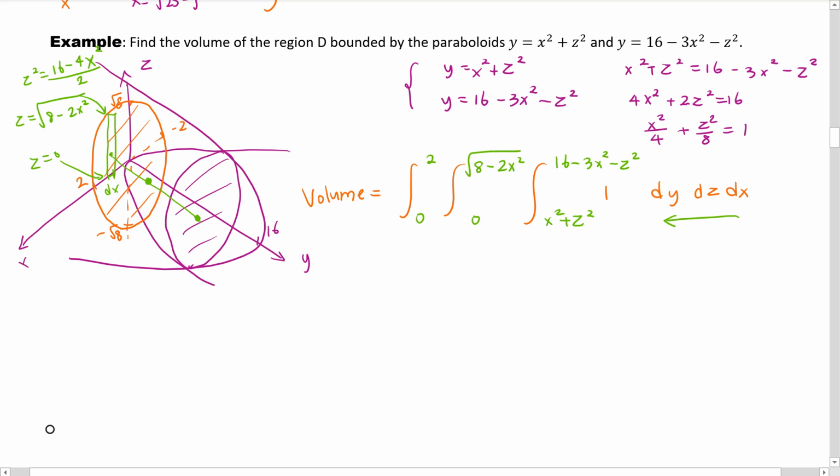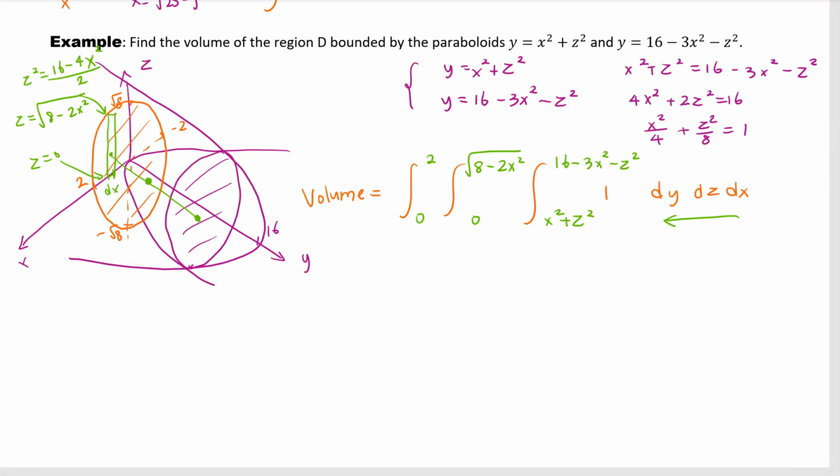This problem is also hard to compute the integral, so we don't need to evaluate it. But the next example I will evaluate with you. Usually triple integrals can get more complicated, and the integral is harder to solve, but we are still able to solve it.